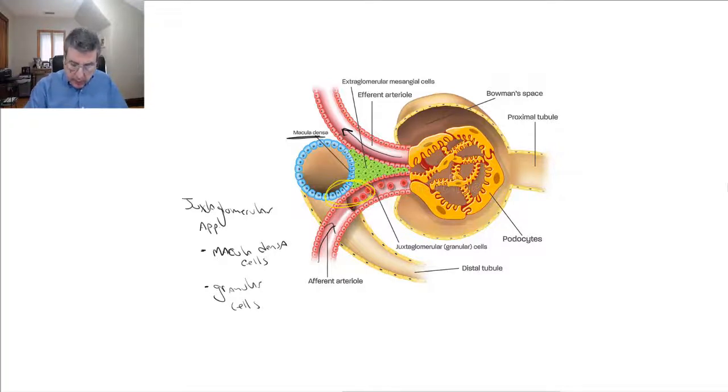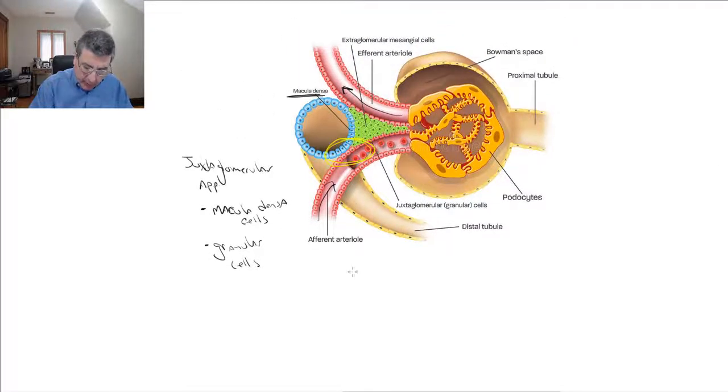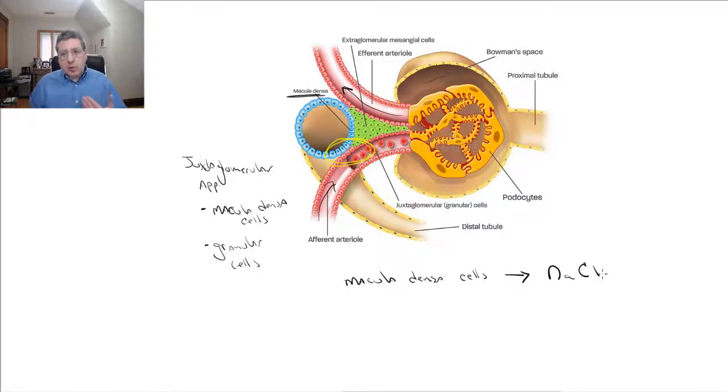So let me keep the picture in frame. So macula densa cells respond to sodium chloride levels. Now, if you have high levels of sodium chloride in your tubular fluid, that's what we're looking at.